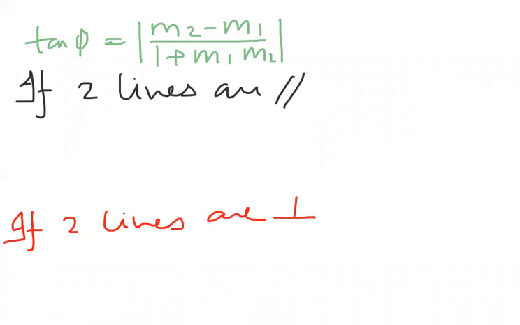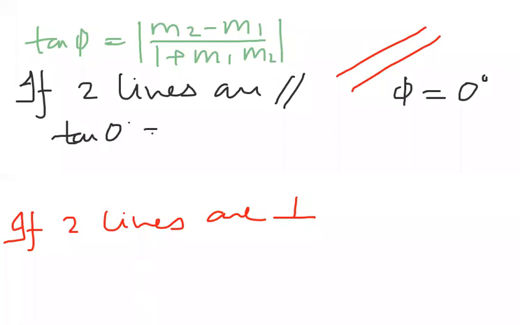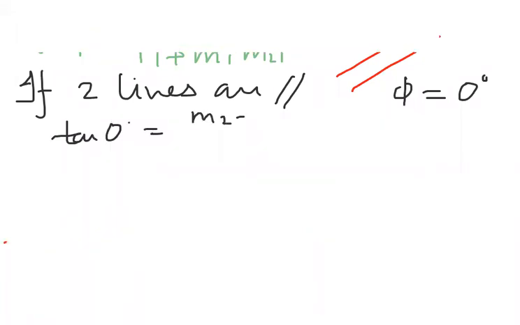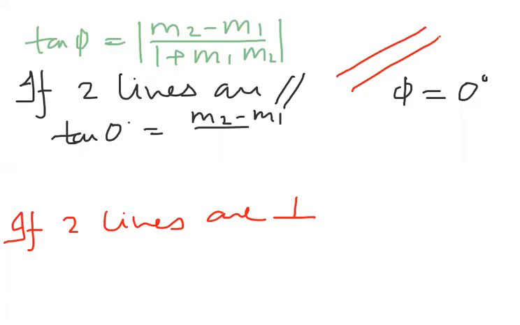Now if two lines are parallel, in that case, for the parallel lines, angle between them phi will be 0 degree. So tan phi is equals to M2 minus M1 upon 1 plus M1 M2.